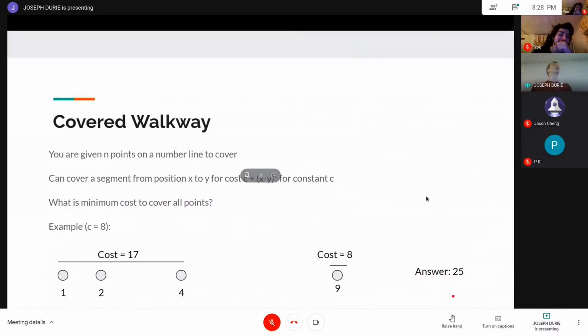So when you're thinking about these problems, it's usually helpful to first get the n squared dp, and then think about how you can turn that into a convex hull trick situation. So I guess first, can you guys come up with the n squared dp?